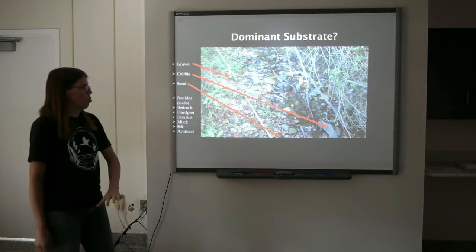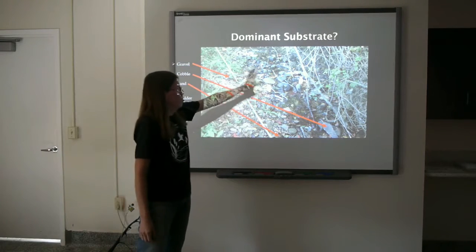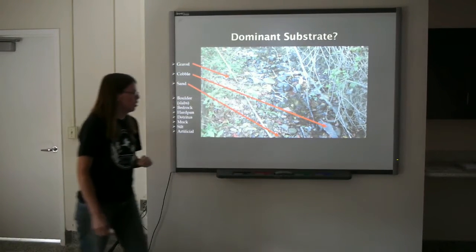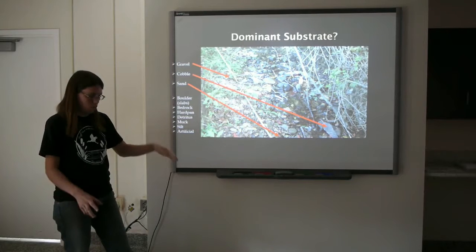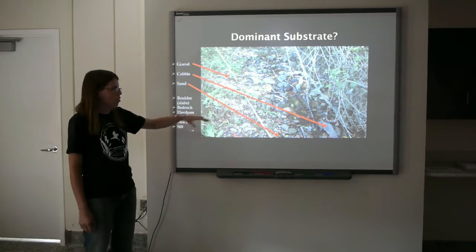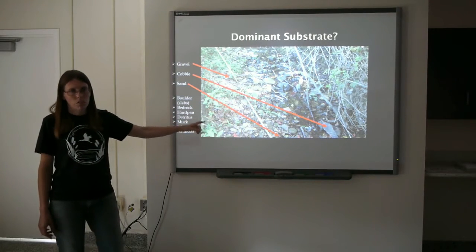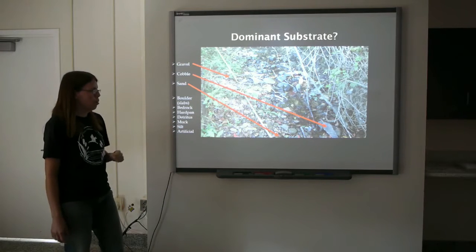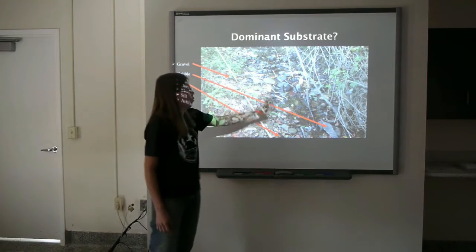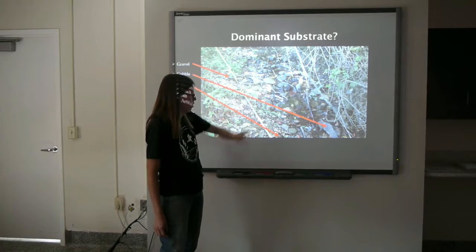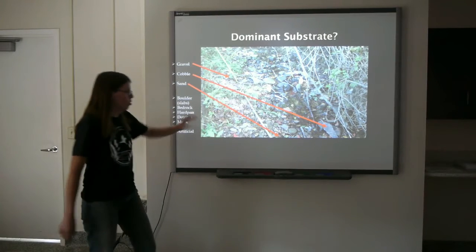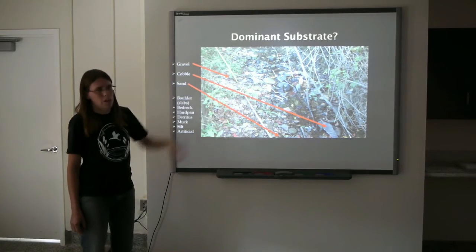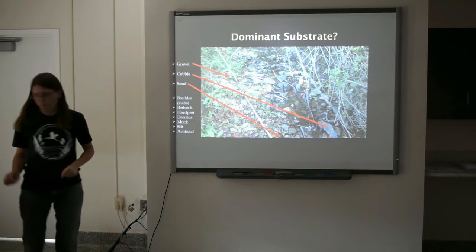When you look at this stream, you see all of these rocks on the top very easily, but what you might not see at first glance is that under all of these rocks is a layer of sand. So when you're choosing your dominant substrates, the big rocks always stand out. You might look at this and say there's a lot of cobble, but actually this is all gravel with a bed of sand underneath it.